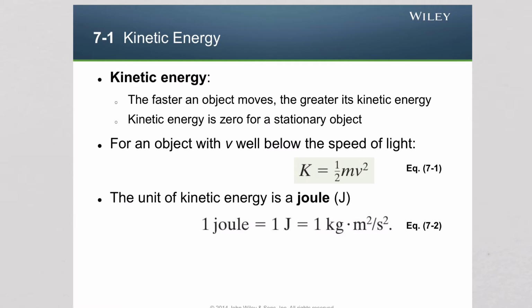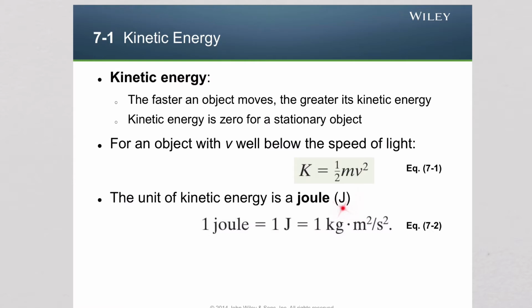For an object with velocity v, well below the speed of light, the kinetic energy is defined as the product of the mass and the velocity to the second power, divided by 2. The label for kinetic energy is capital K. The unit of kinetic energy is a joule, where 1 joule is equal to 1 kilogram times 1 meter squared divided by 1 second squared.